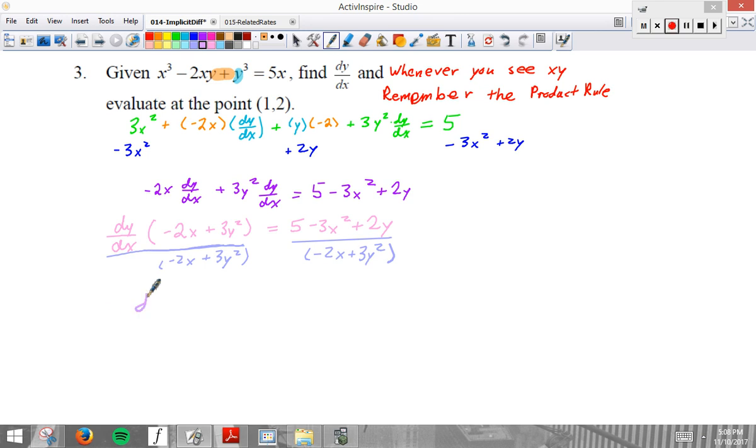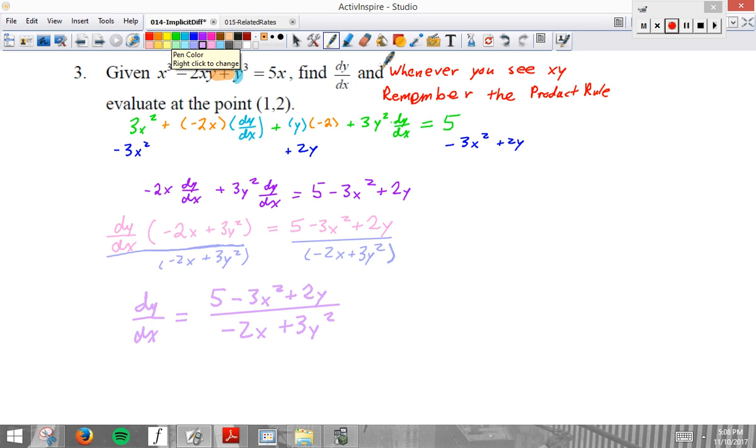And we get dy dx, the derivative of y with respect to x, equals this horrible little trinomial divided by this horrible little binomial. That would be like 3 points out of 4 for this problem. And you're like, wow, 3 points out of 4. Man, geez, that was a lot of work for 3 points.